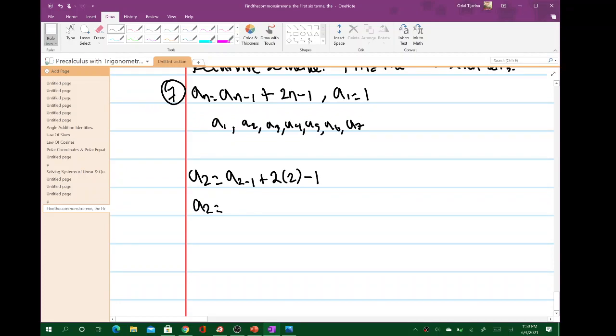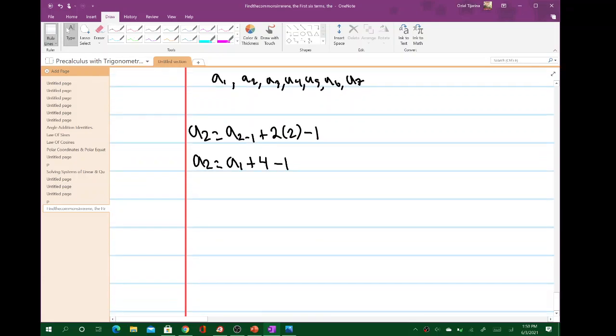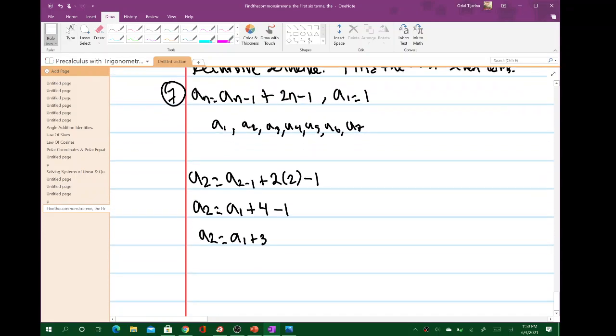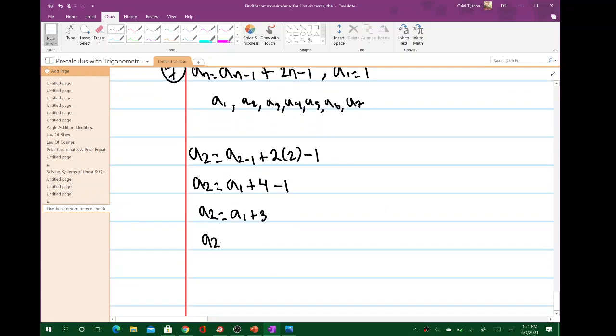This means that a sub 2 is equal to a sub 1 plus 4 minus 1. And so we have a sub 2 equals a sub 1 plus 3. And what is a sub 1? We know that a sub 1 is 1, right? A sub 2 is equal to 1 plus 3. So a sub 2 equals 4, right?